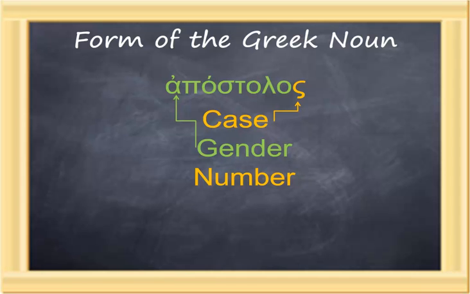It's conveyed through the stem, and it tells us which pattern of inflection is used, the masculine, feminine, or neuter. The number, singular or plural, is also conveyed by the case ending. So when one looks at a noun, one tries to analyze its case, gender, and number.